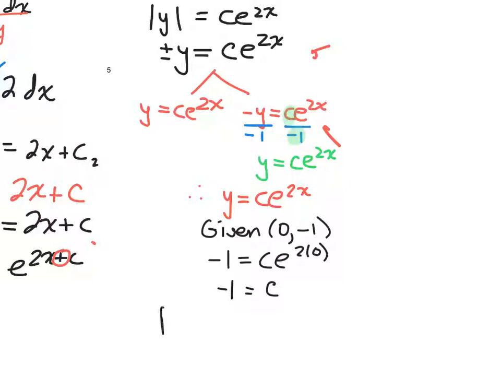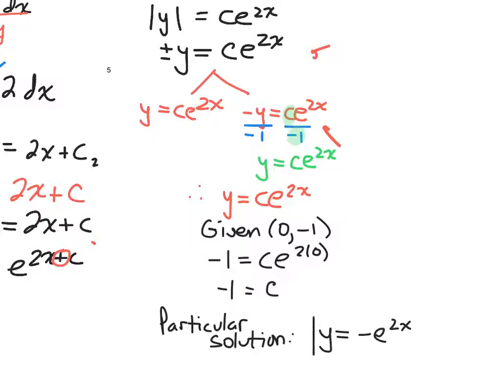And our final answer, the particular solution, is y equals negative e to the 2x, because -1 times e to the 2x. All right, so that is the solution to our differential equation.